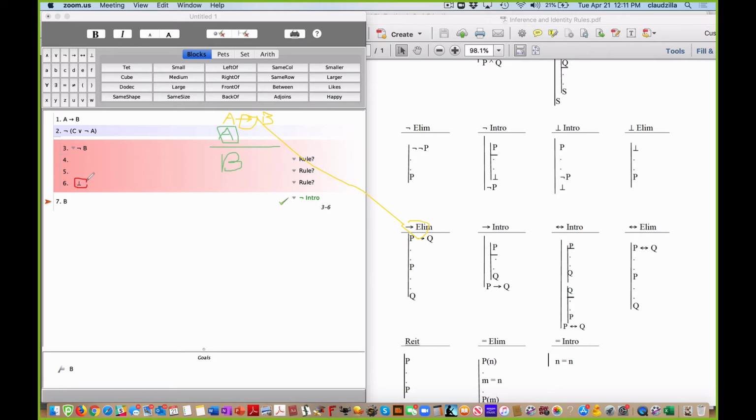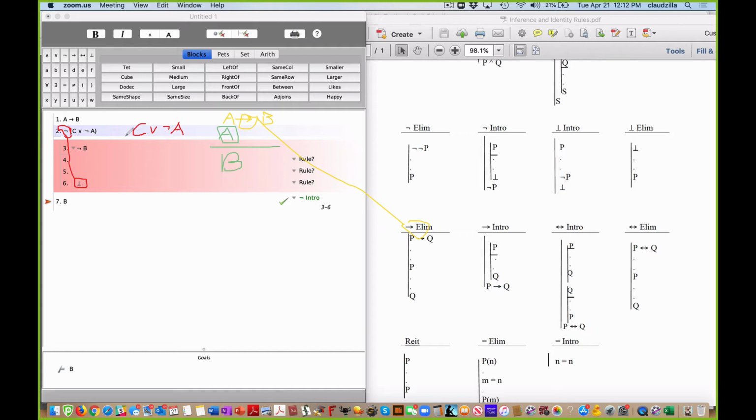Well, the good news is that I can generate a contradiction between line 2 and the sentence C or not A. But then the question is this, well, how am I going to get C? C doesn't exist, right? How am I supposed to derive it? It doesn't exist for me.